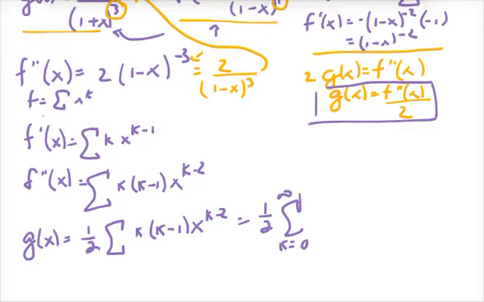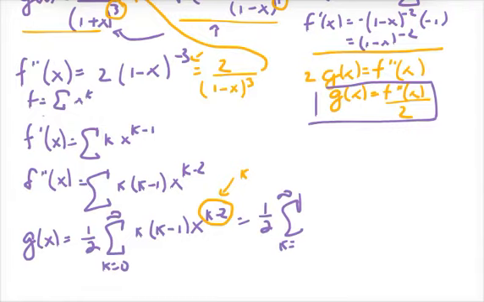I'm going to get rid of this, so we can talk about the interval of convergence. I'm going to work on getting this power to be k so that I can rely on the geometric series for its interval of convergence.